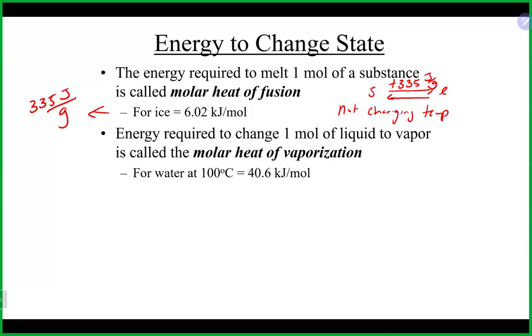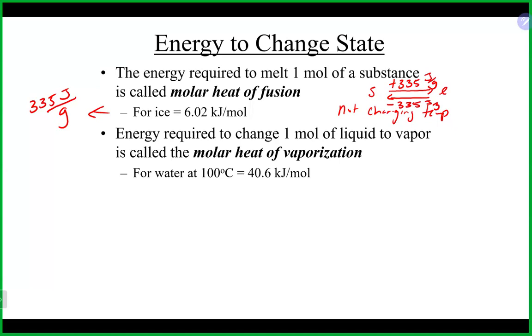And if we wanted to take liquid water and freeze it, the energy has to be released from the liquid water, and that allows everybody to slow down and come together in the solid phase. That's an exothermic process. It would be negative 335 joules per gram, or negative 6.02 kilojoules per mole.